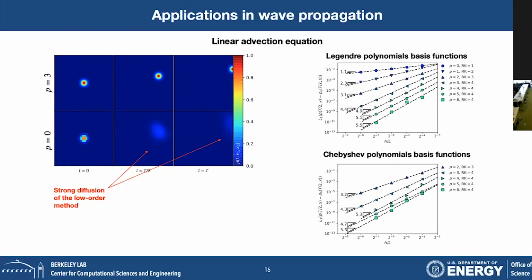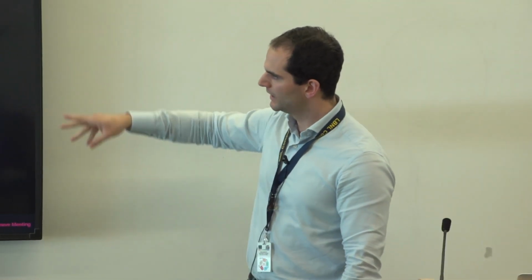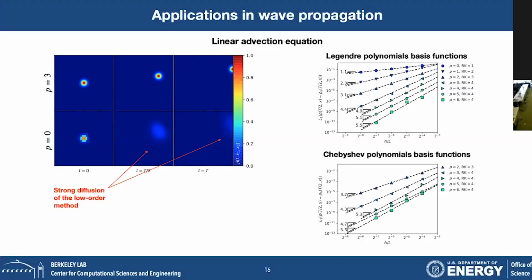Whereas with a higher order method, for example, here with p equals 3, you are able to obtain a very sharp representation of your solution. Once again, I've tested that with the correct choice of the numerical fluxes, you obtain optimal convergence. And this is also valid by changing the basis functions.